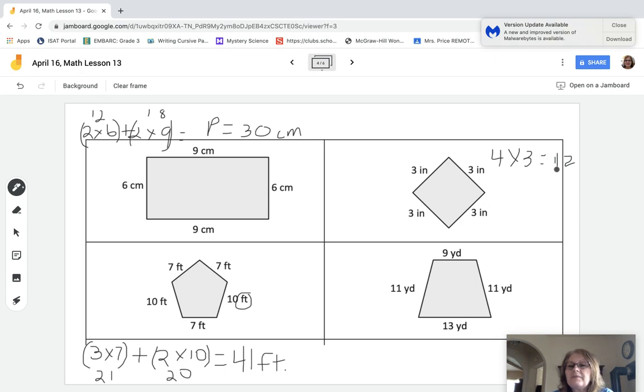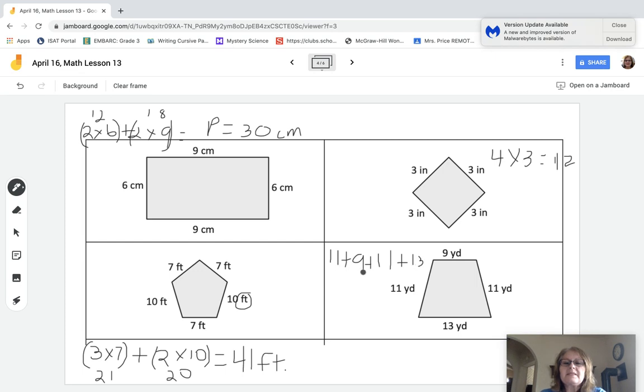Equals 12, right? So this one would be 11 plus 9 plus 11 plus 13. Oh, this one you're going to have to add it, unless you did the 2 times 11 and then the plus 9 plus 13 to figure it out. So we'll do 11 plus 9 plus 11 plus 13, right?